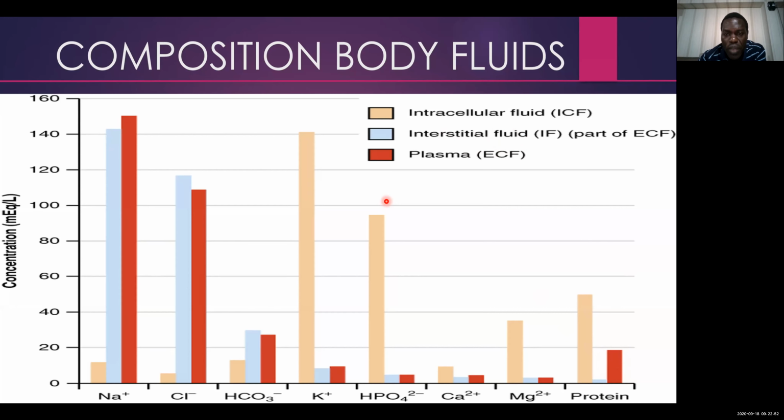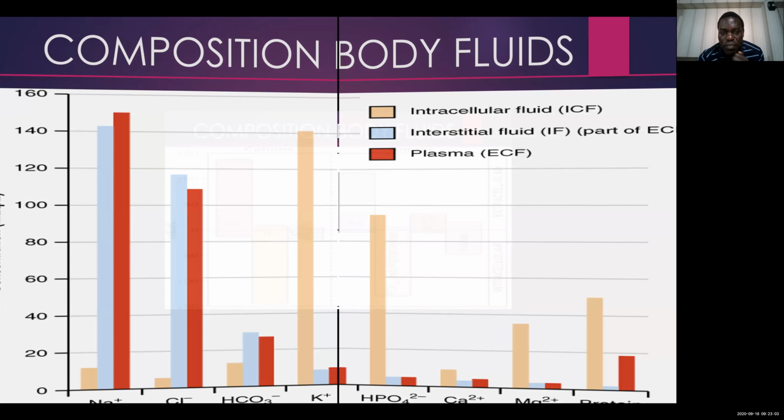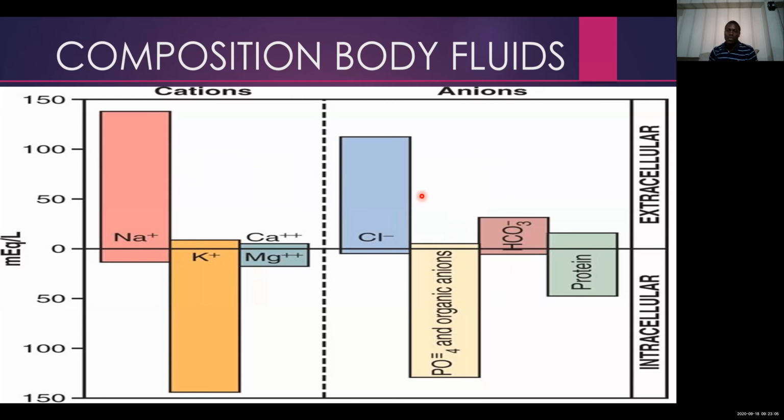But now I want us to now pick the differences between the intracellular and the extracellular fluid in general. I will use the next slide to show that difference. So we are looking at two fluid compartments here, the extracellular fluid and the intracellular fluid.